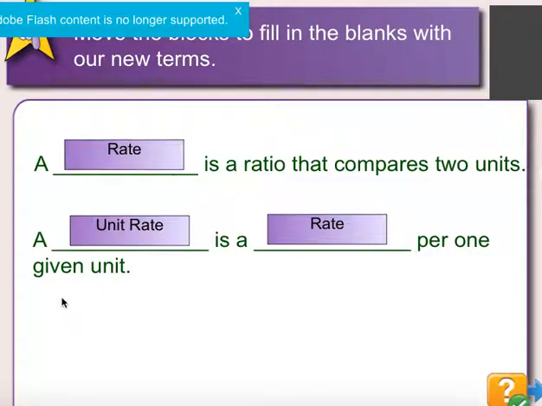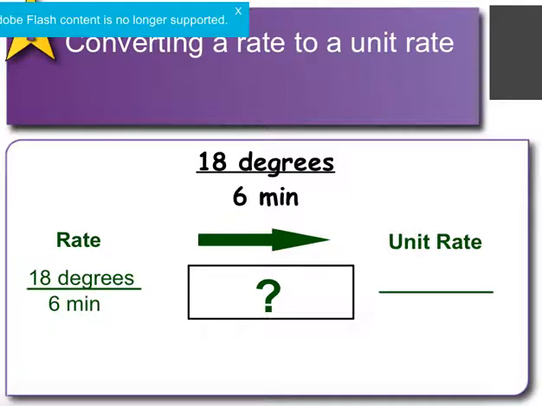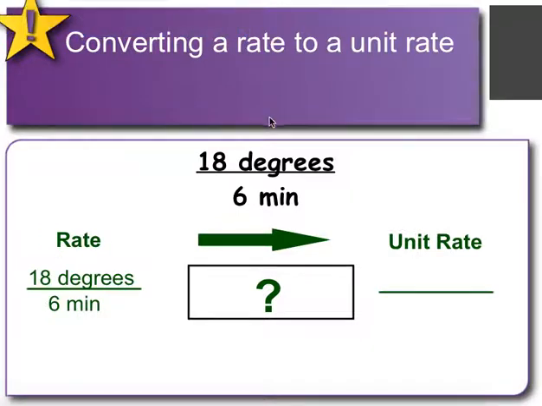Okay, so if we are looking at this problem, let's say the temperature rose 18 degrees in 6 minutes, something crazy like that. Well, I want to know my unit rate. And yes, we could figure out how many minutes it takes for 1 degree, but in this case, since minutes are in our denominator, we want to find how many degrees per 1 minute. There are a couple of ways to think about this.